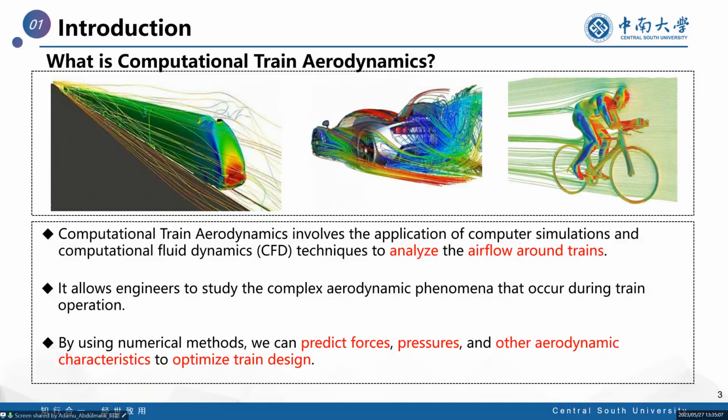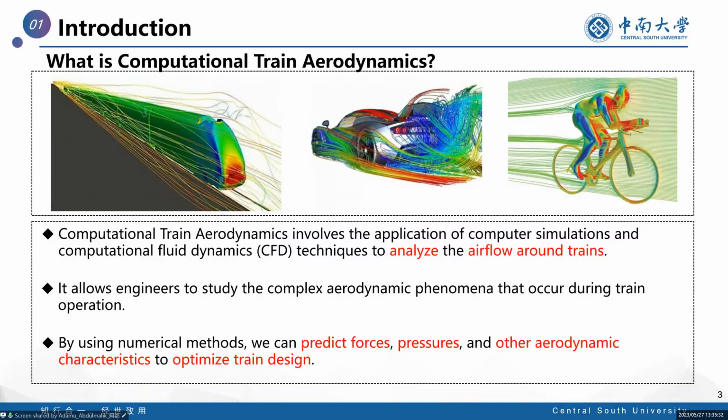We want to analyze how this airflow affects the train itself, and also the surrounding environment in which the train is operated. It allows engineers to study the complex aerodynamic phenomena that occur during train operation.